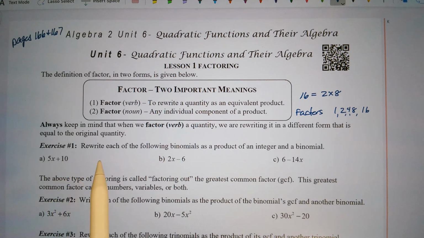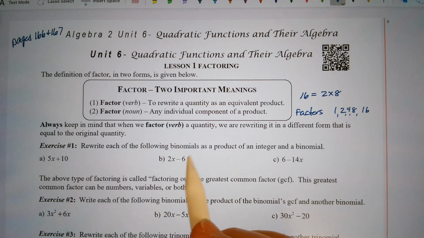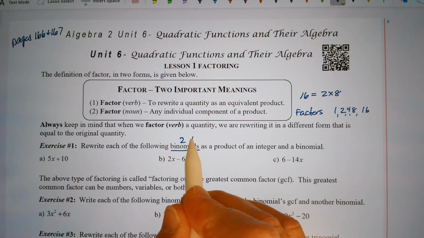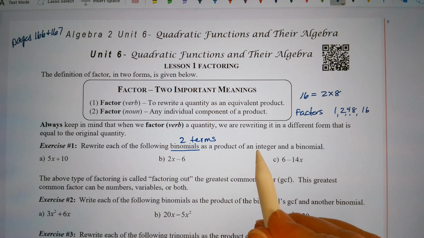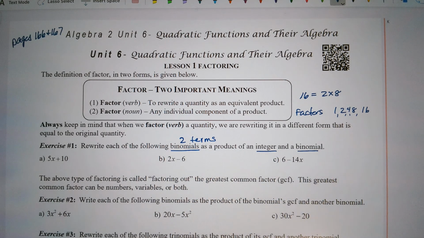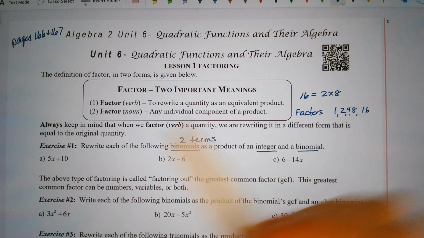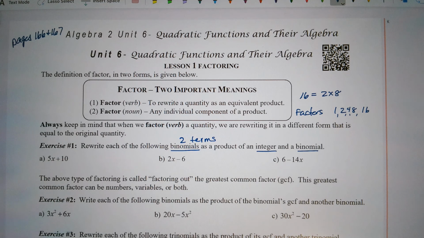Exercise number 1, rewrite each of the following binomials, 2 terms, we will review, as a product of an integer and a binomial. Looking at 5x plus 10, we want to rewrite it as the product of an integer and a binomial. So we look at 5x and 10. What do they have in common?